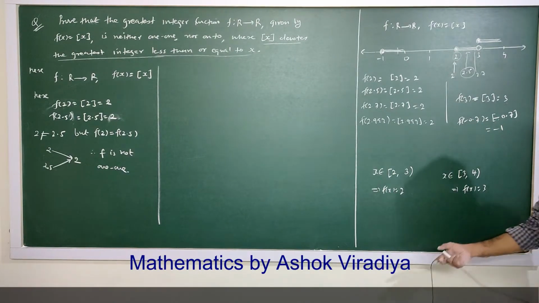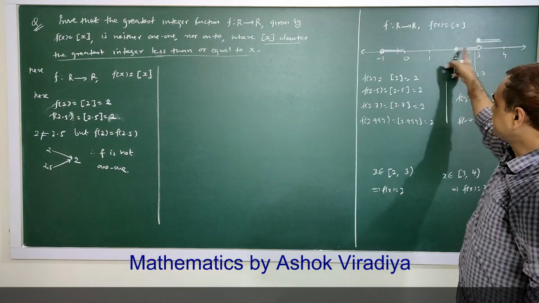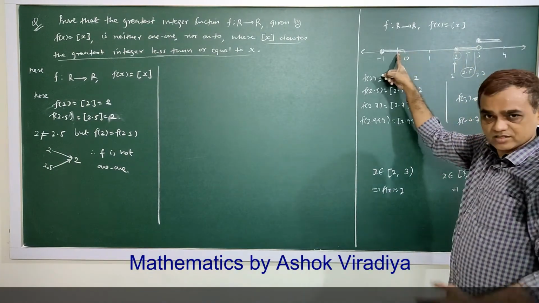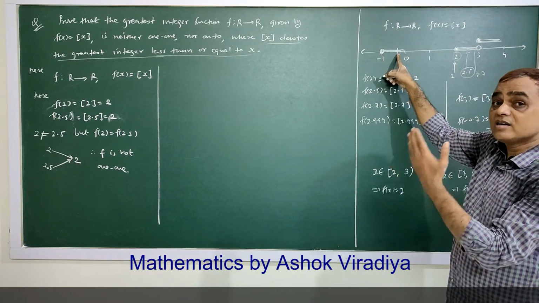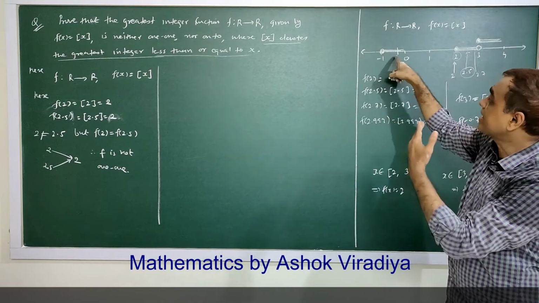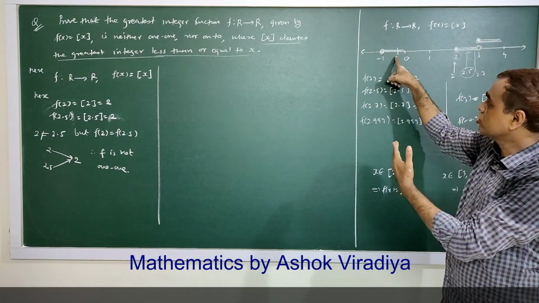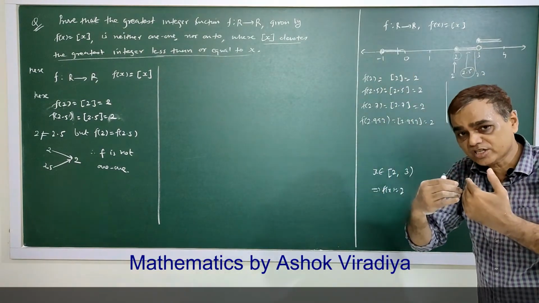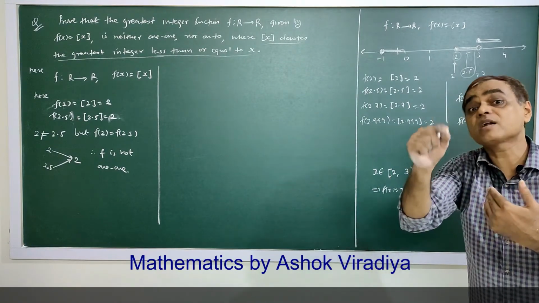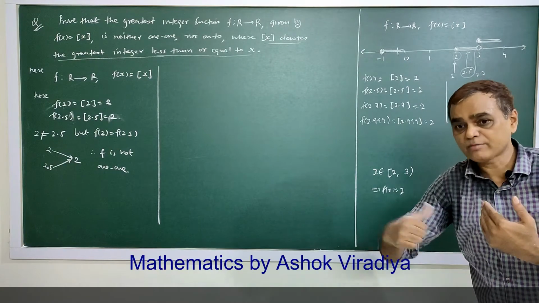What is mathematics? Observe the number line. If the number taken is not an integer, then take the integer which is on the left side of that number. So take the integer from the left side of that number on the number line, not from the decimal point.